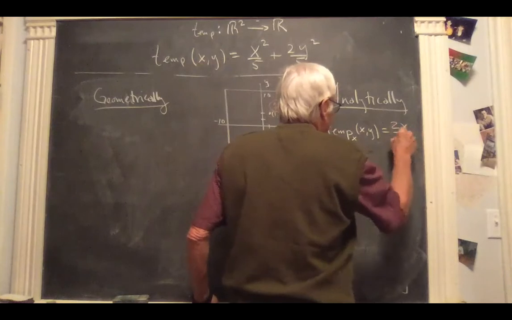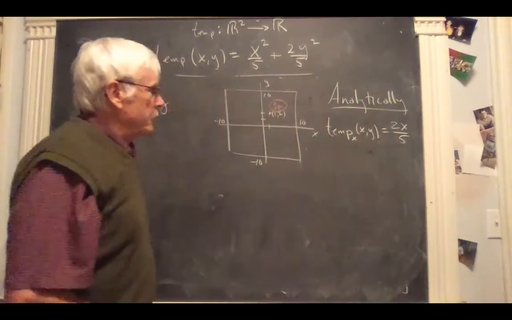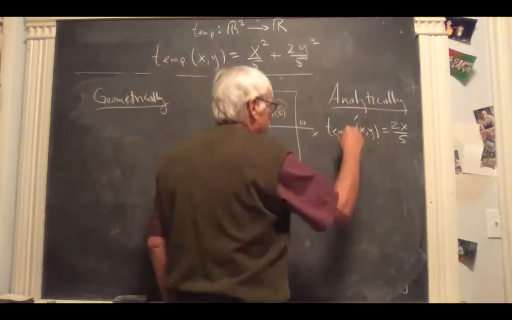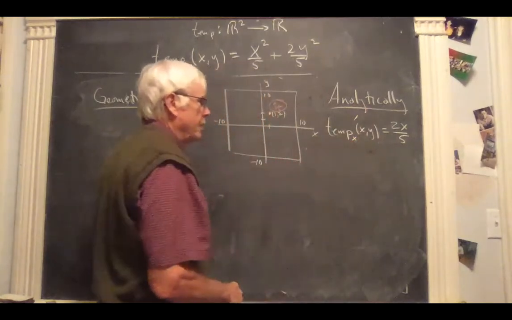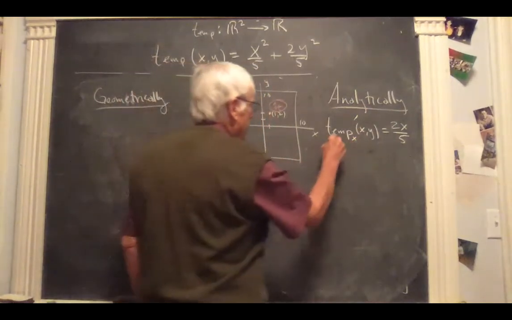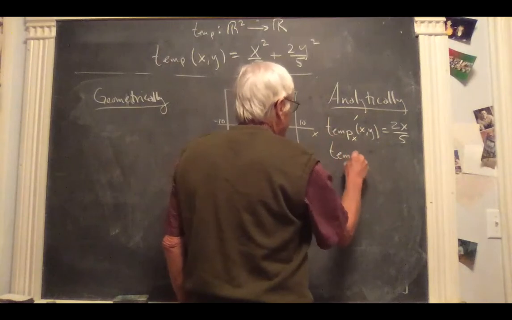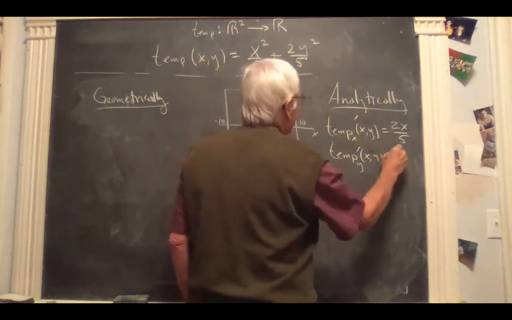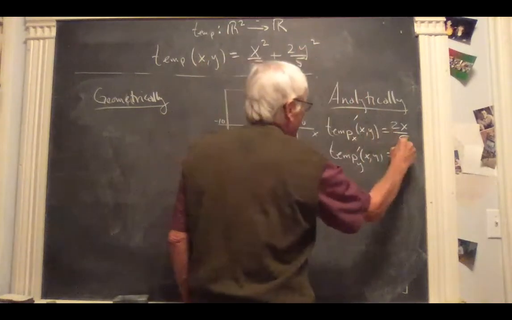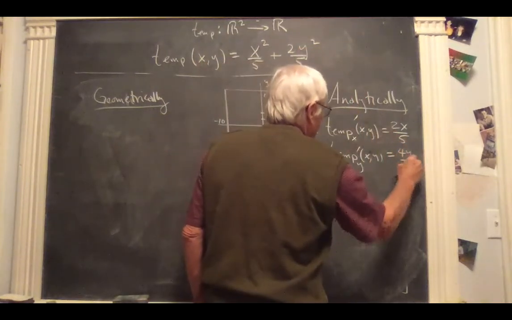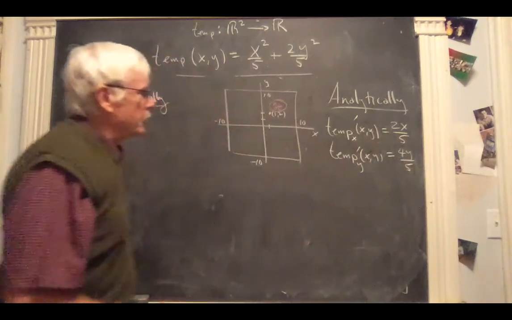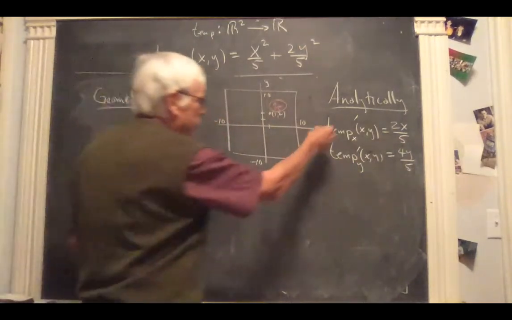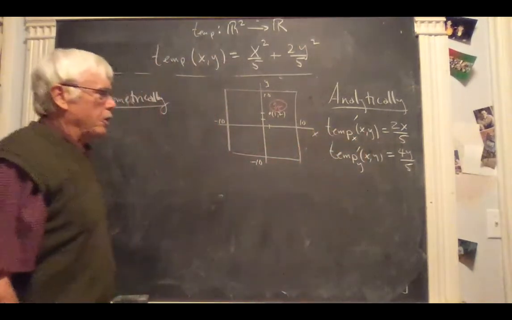So this is a formula that will give you the derivative with respect to x at any given point. And similarly, the temperature at a point xy with respect to y is 4y over 5. So these are easy to compute. This is not the notation we'll use, but I'm using it right now just to indicate it.